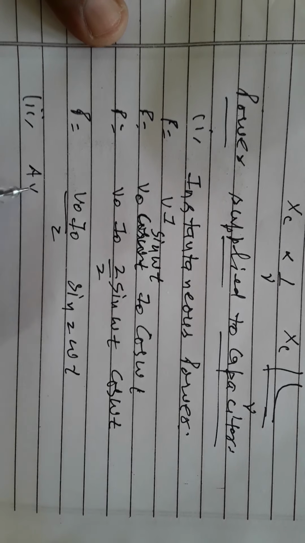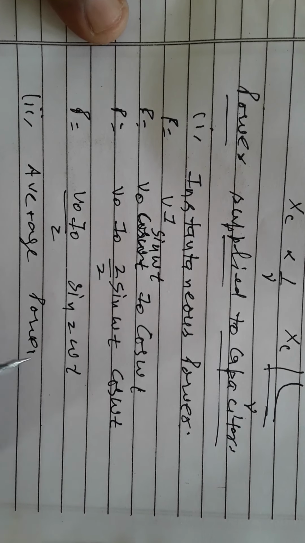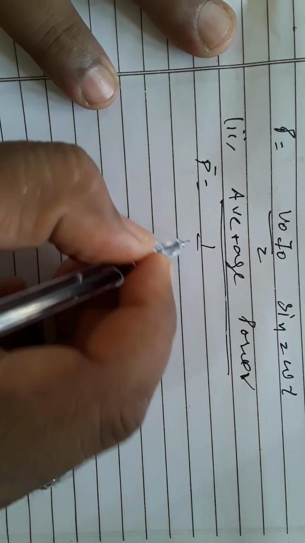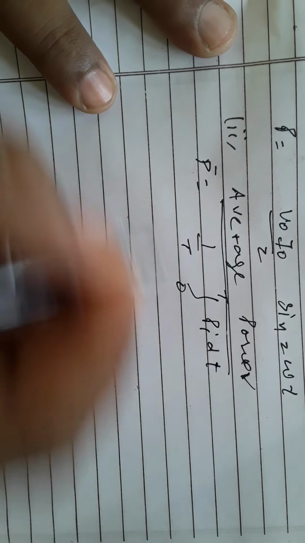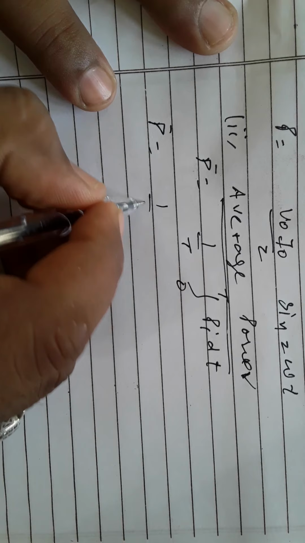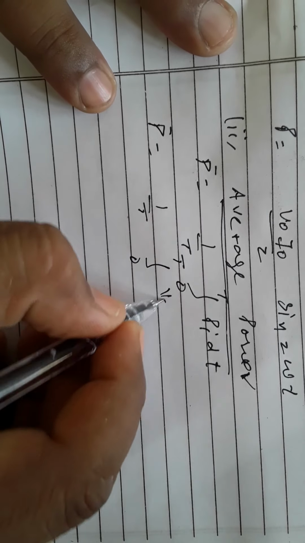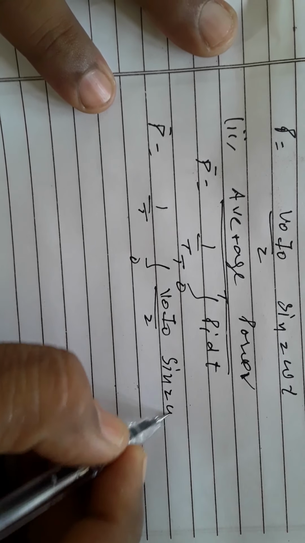So P is V naught I naught by 2 sin 2 omega t. Average power: we can write P bar is 1 by T integral from 0 to T of P i dt. The value of P i is V naught I naught by 2 sin 2 omega t dt.